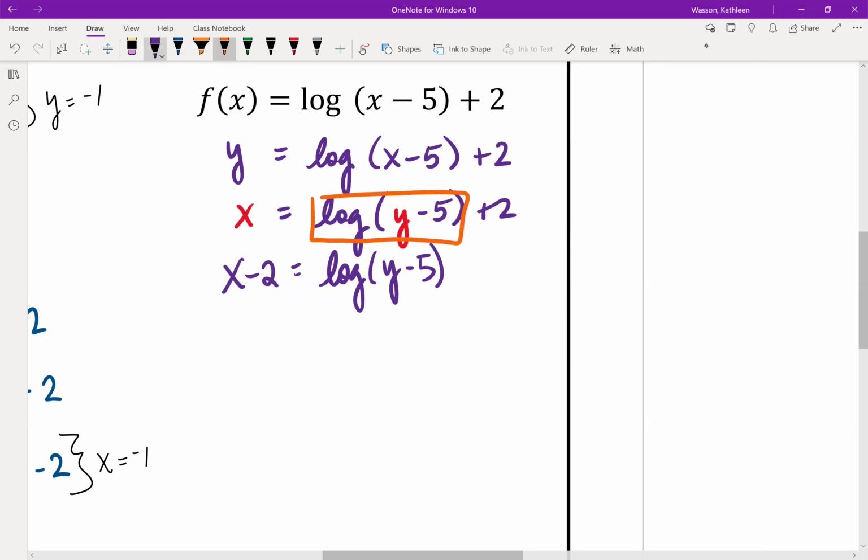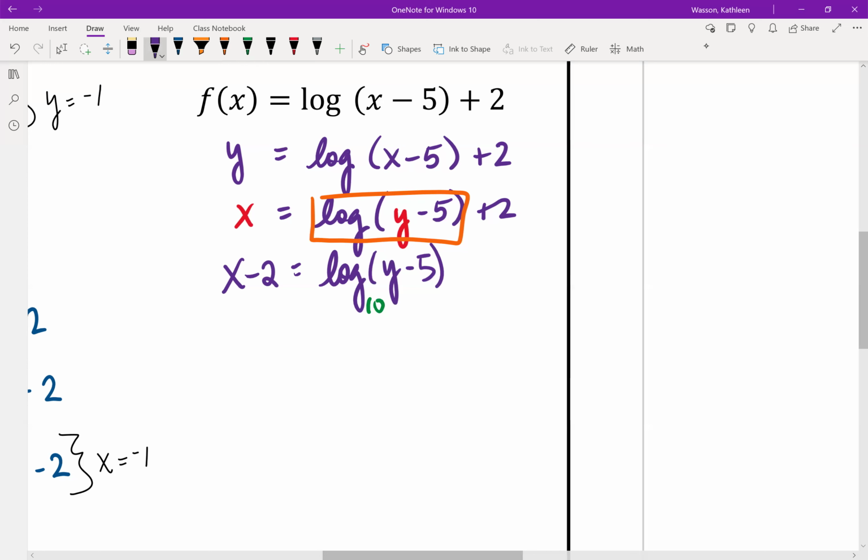Now I need to rearrange this as an exponential equation so that I can solve for y. As I said, here I have a log with no base. No base is common log, that's base 10.